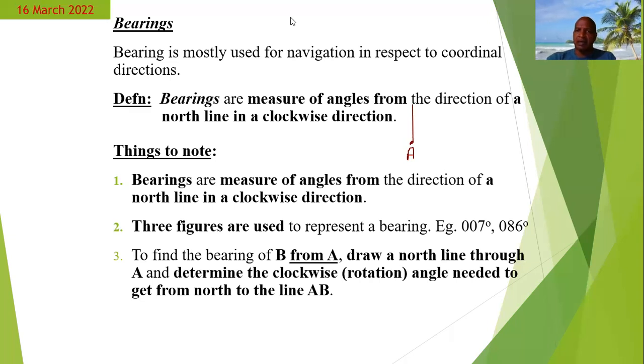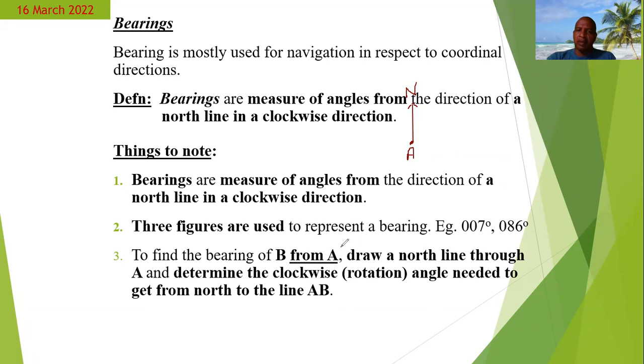So it means that you're going from A to north with this line. So you label that point above A, or an arrow above A, you label that north. All right, so that's what this from A means. You start with the point A, you draw a north line to A.